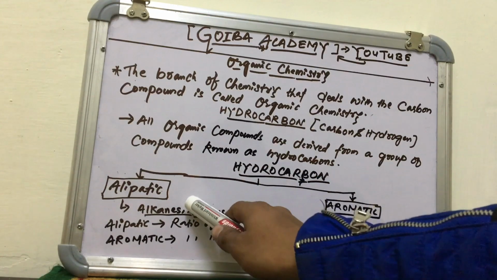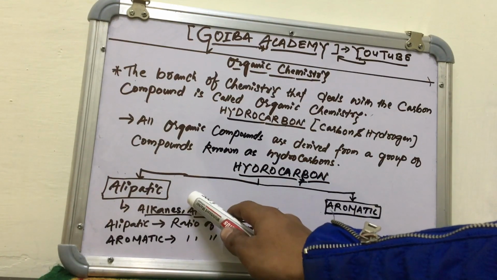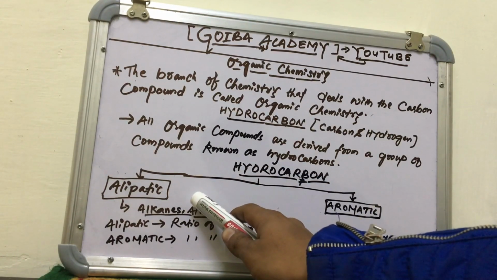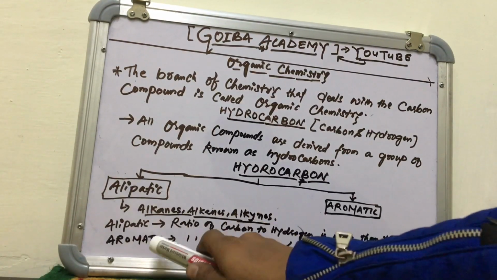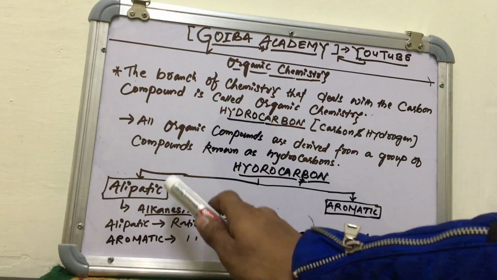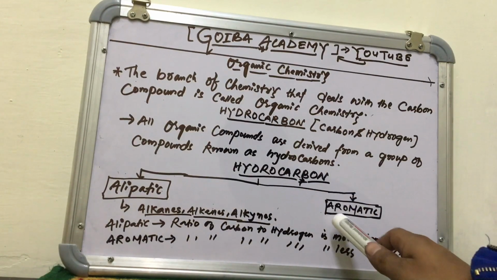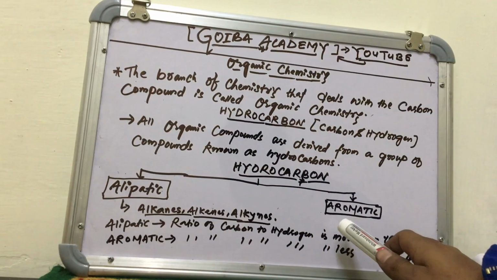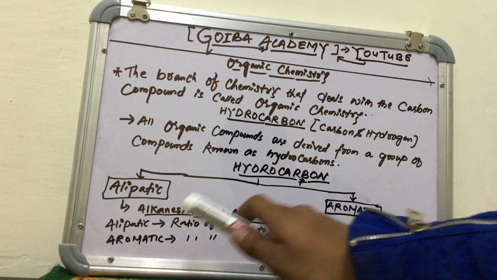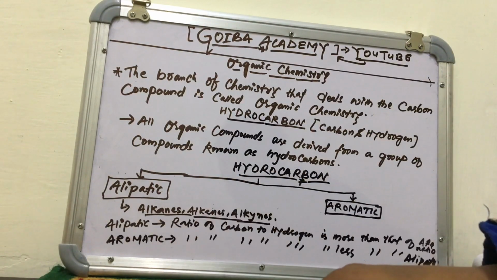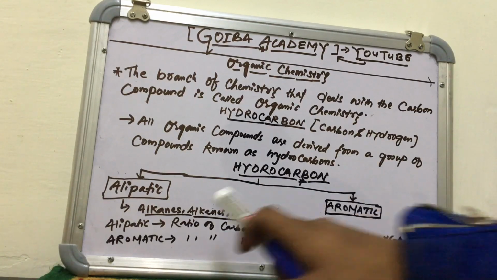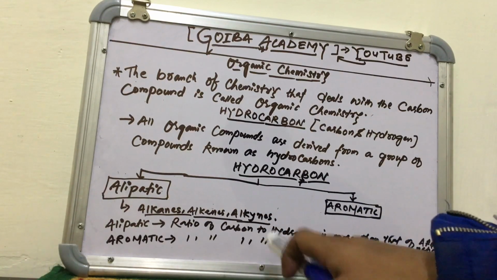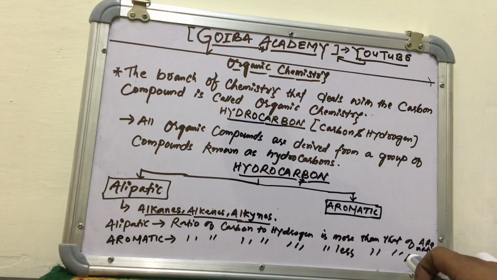In the aliphatic portion, you will learn alkanes, alkenes and alkynes. What's the difference between aliphatic and aromatic? Both are hydrocarbons, but there is a slight difference. The ratio of carbon to hydrogen is more in aliphatic than in aromatic. Thank you.